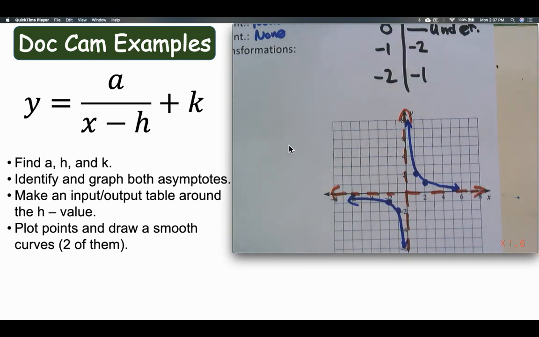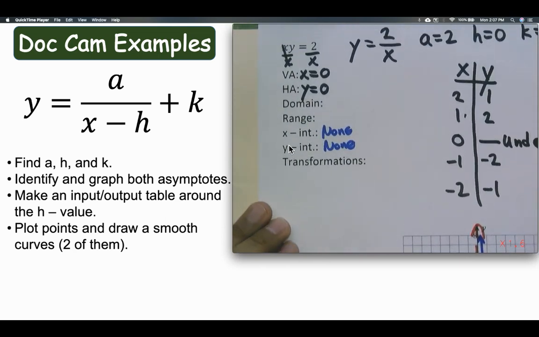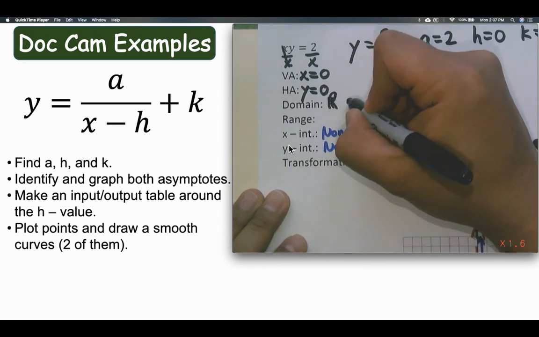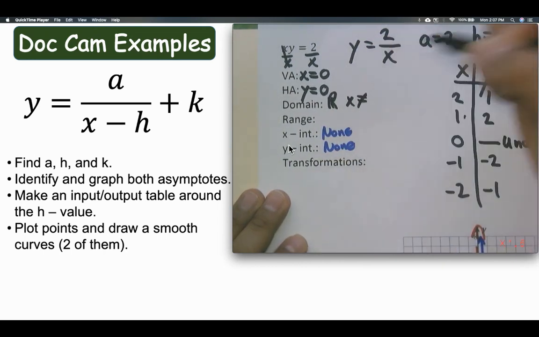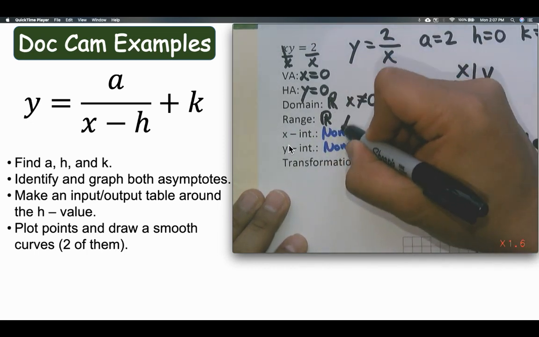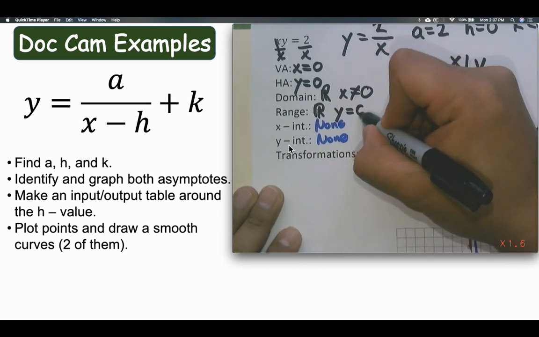All right. Just a couple more parts. We just got to identify domain, range, and the transformations. So my domain is all real numbers, but your x cannot be 0. And then range is all real numbers, except the one y value, which it never touches, which is the asymptote. So it cannot be 0.